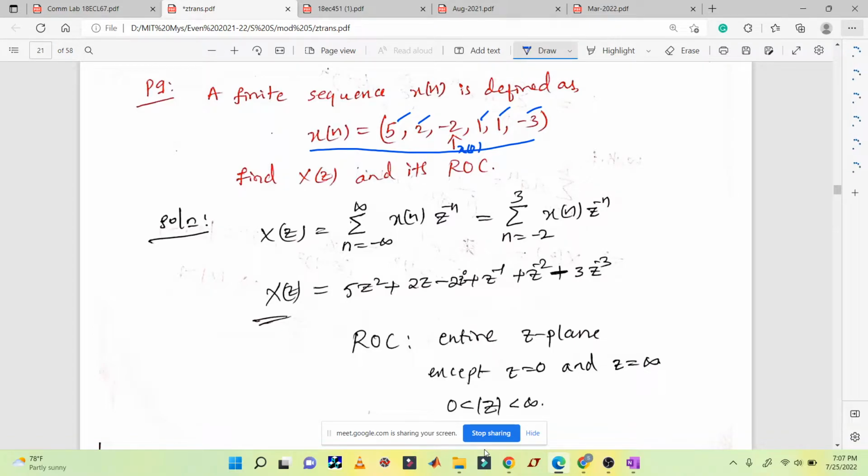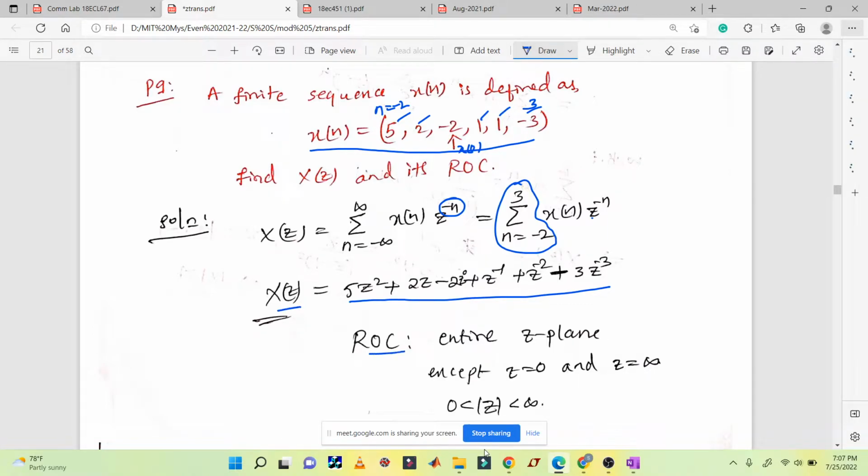Now if you substitute for the z^-n value here, from n equal to minus 2 to n equal to plus 3, we have changed the limit, and if we go on substituting n equal to minus 2 up to plus 3, we will get this sequence. And this is our Z transform.